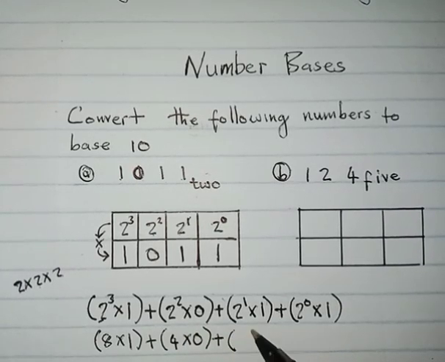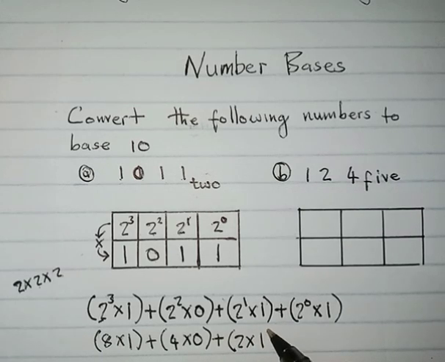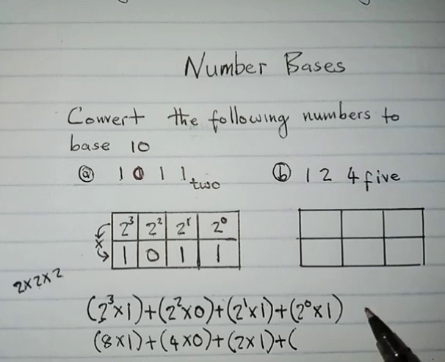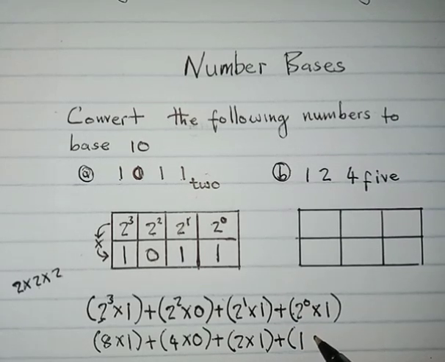Then we have 2 to the power 1, which is just 2, times 1, plus 2 to the power 0. Now the rules of indices state that any number to the power 0 is 1. So 2 to the power 0 is 1, multiplied by 1.